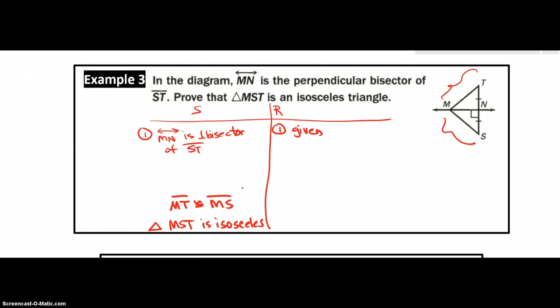But before we could show that their parts are congruent, we have to show that the what are congruent. If what are congruent, then the parts are congruent. What did we learn? If the triangles are congruent. So let's prove the triangles congruent before that.